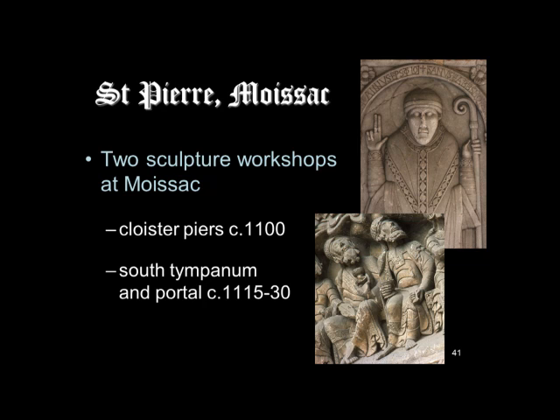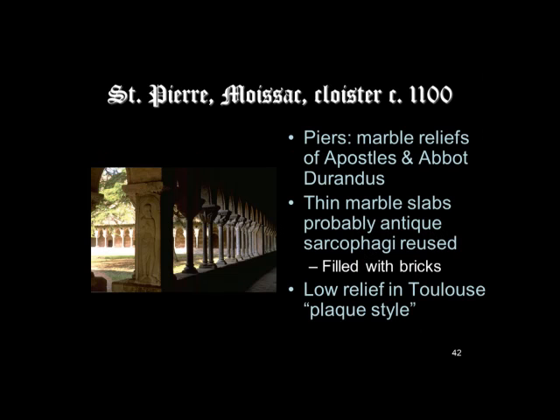And then there are totally different style at the south tympana and the portal, the sides of walls beside the portal. And this dates a little bit later, about 1115 to 1130. And I just put in a detail from that. As I said, we'll look at this shortly.